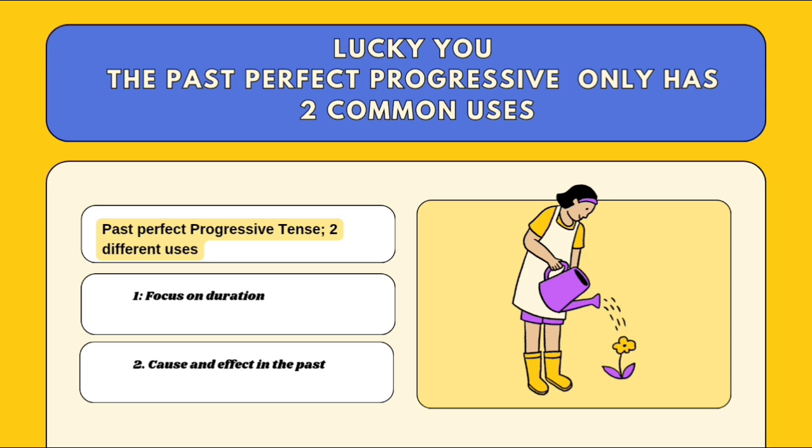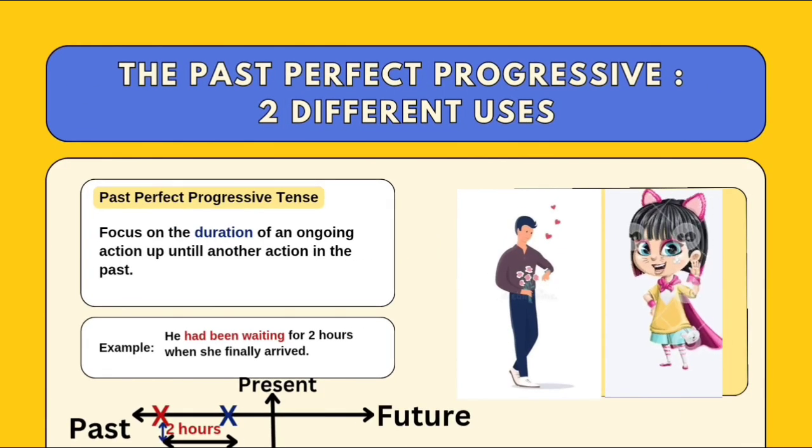So let's take the first one more time. Here's another example. He had been waiting for 2 hours when she finally arrived. He had been waiting, and then the duration is there, for 2 hours. Waiting, 2 hours. And then the second action is her arrival.